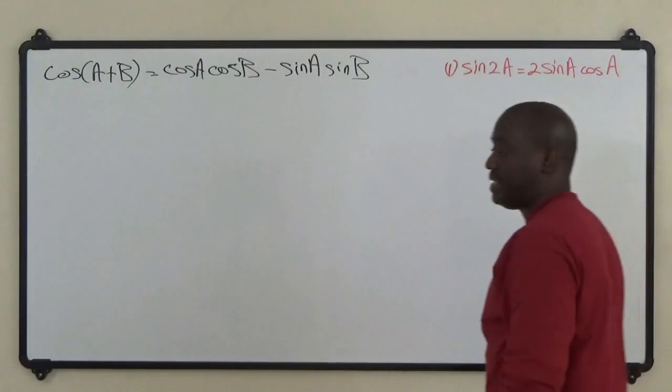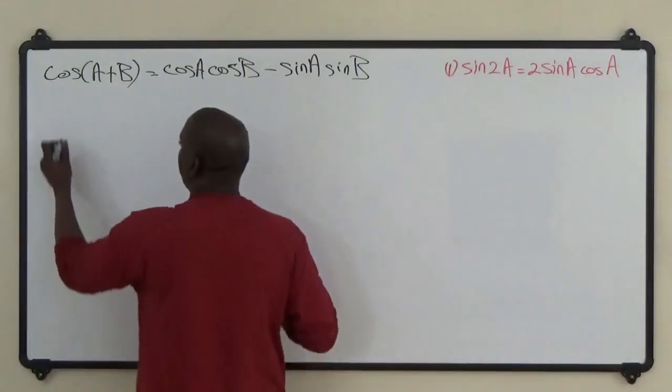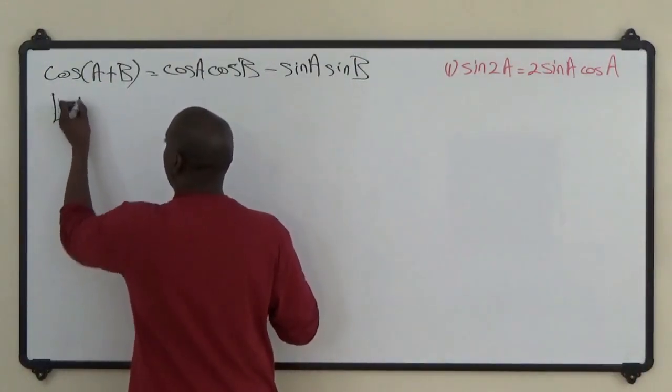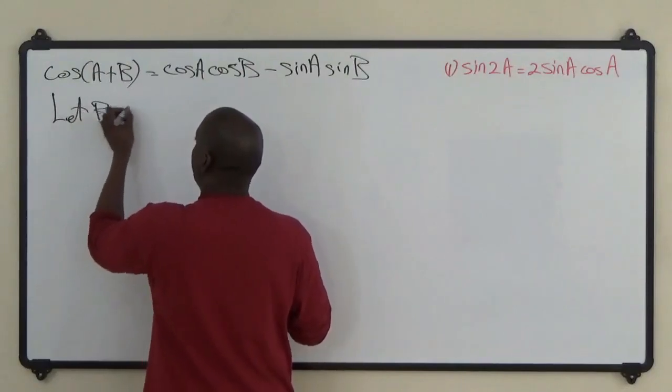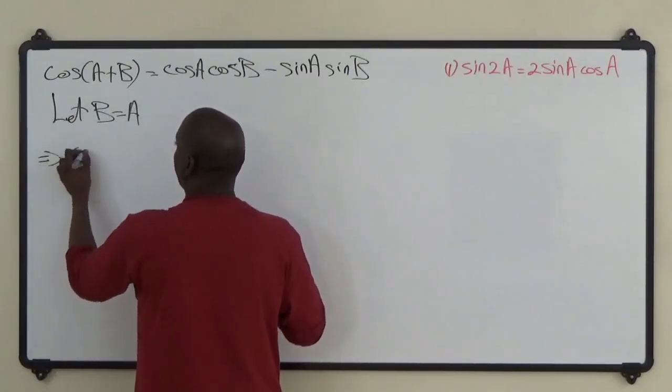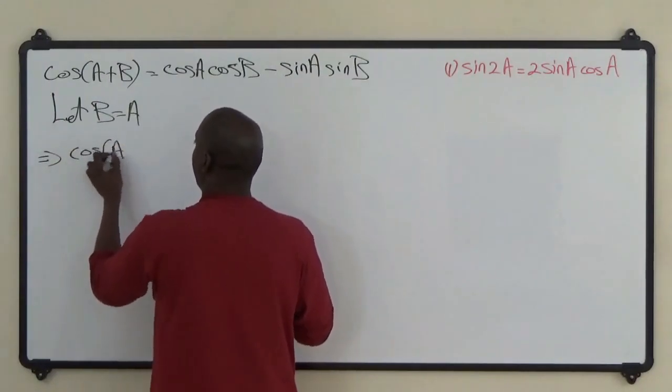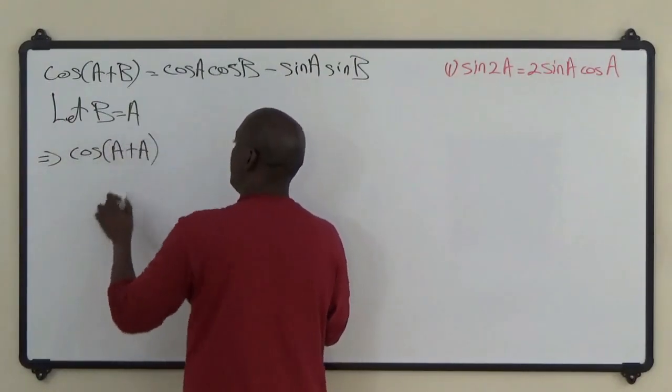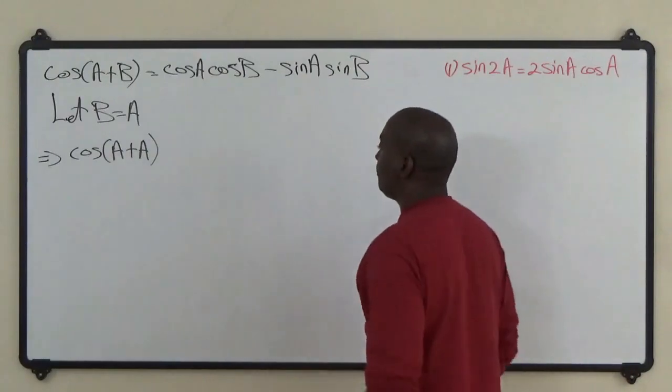So just as we did in the case of sine of A plus B, we let B equal A. That will give us cosine of A plus A, which is the same thing as cosine of 2A.